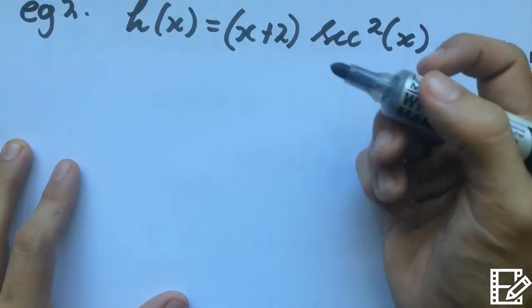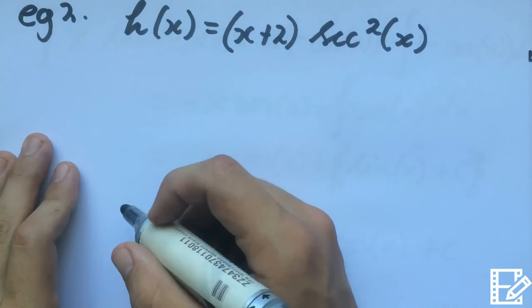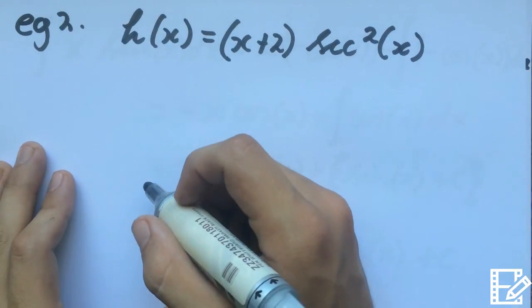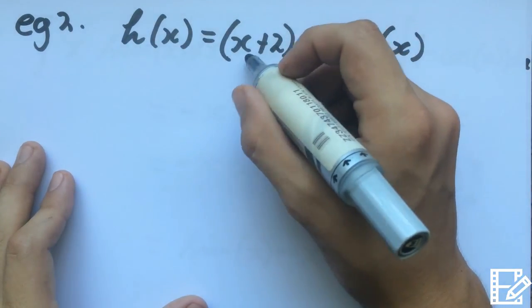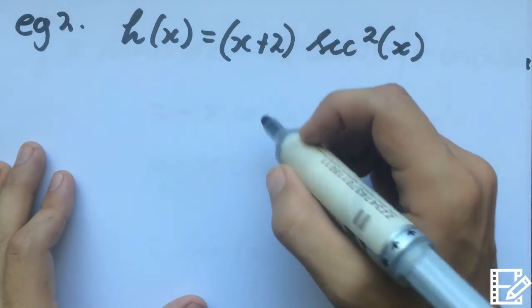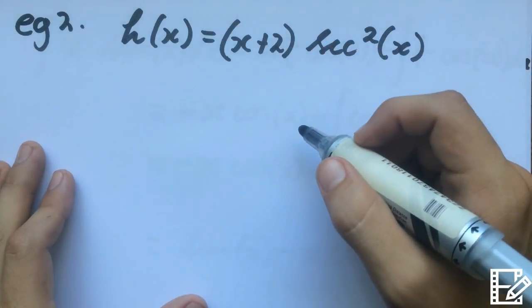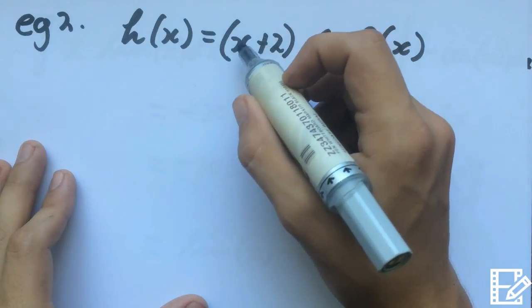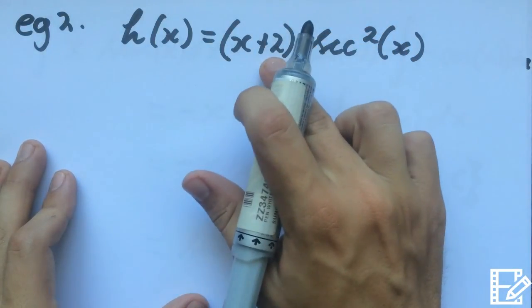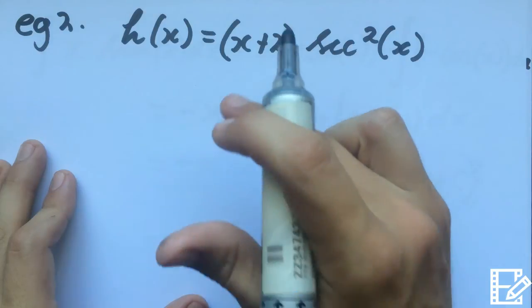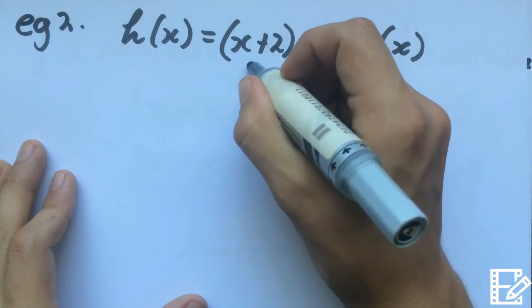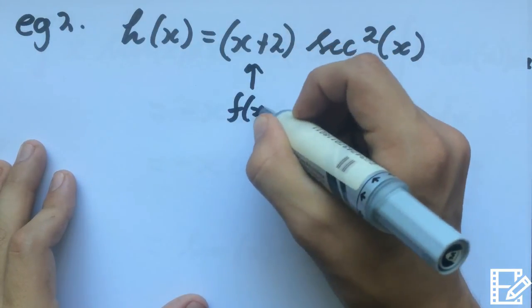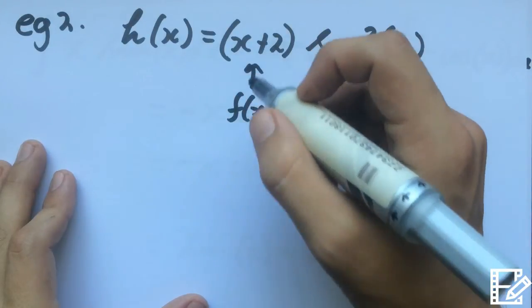Okay, like before, we can consider one of these as being f(x) and the other one being g dash of x. Because this has an x with no power, it's just an x on its own, this here will derive to a 1. So I'm going to choose this to be f(x) because I already know just by looking at it that it will derive to 1.